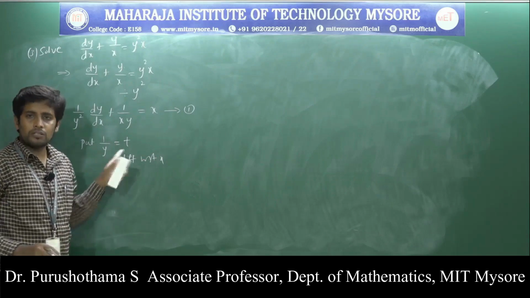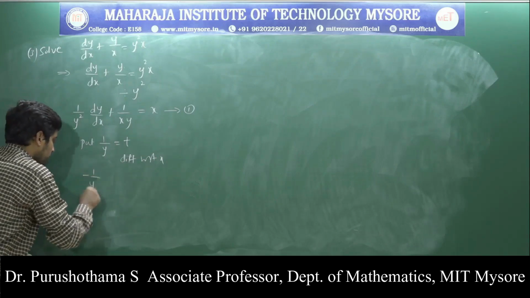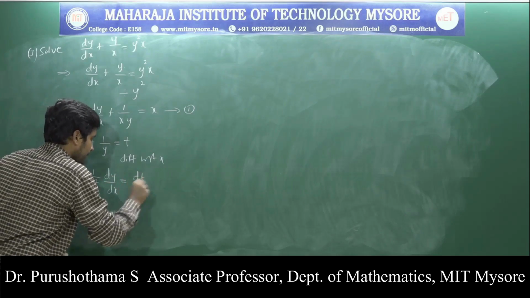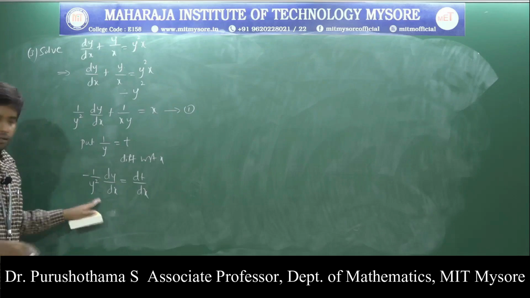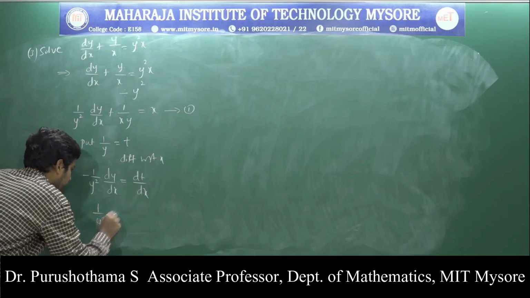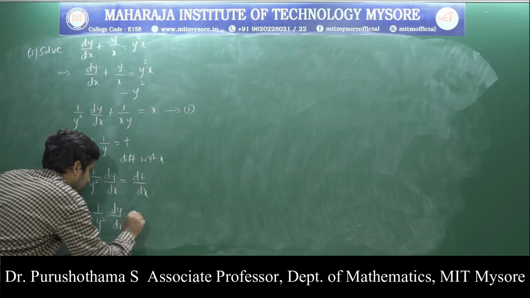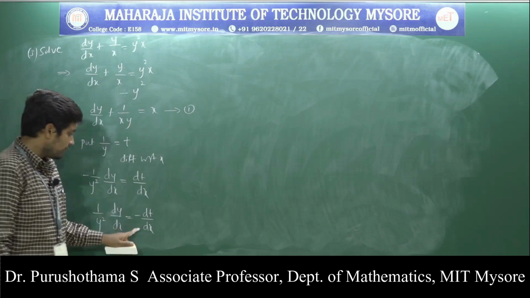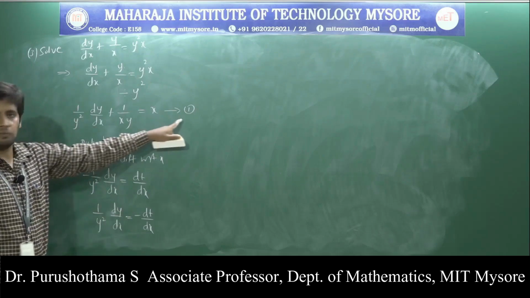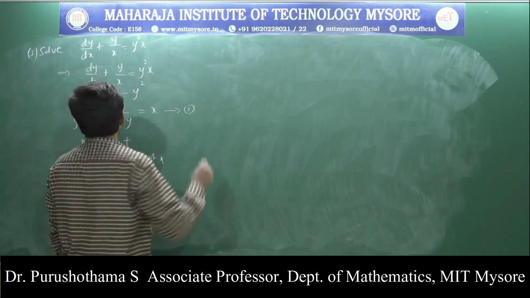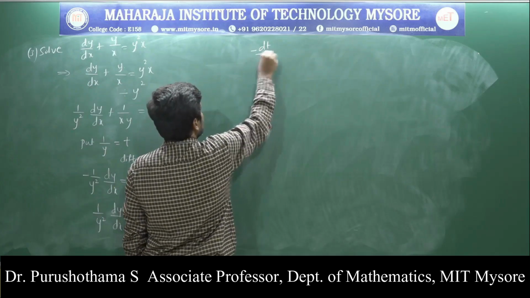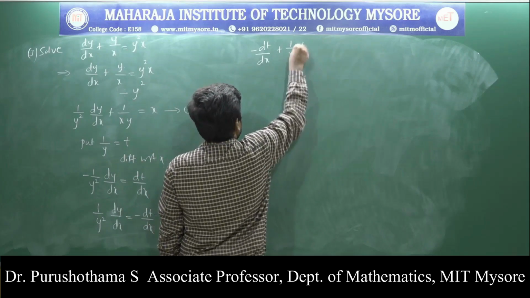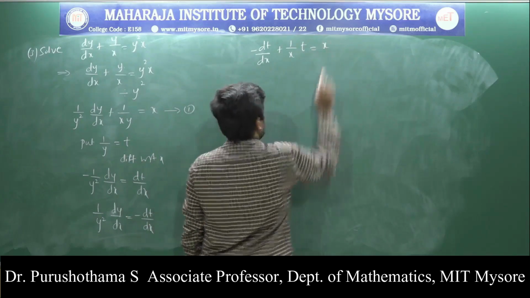Differentiation of 1 by y with respect to x is minus 1 by y square into dy by dx, which is equal to dt by dx, or the same as 1 by y square into dy by dx is equal to minus dt by dx. So using this value and the t value in equation 1, equation 1 becomes minus dt by dx plus 1 by x into t is equal to x.